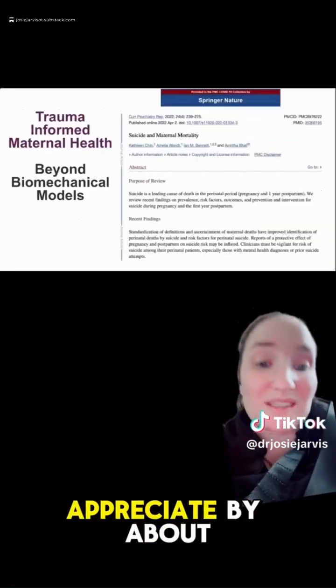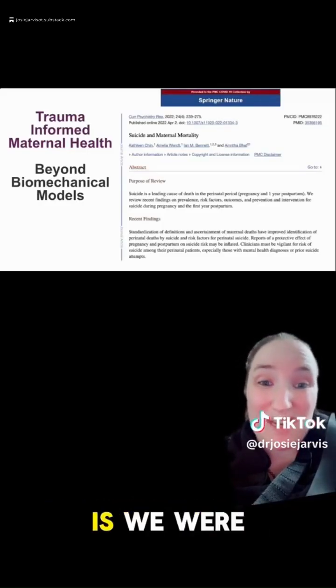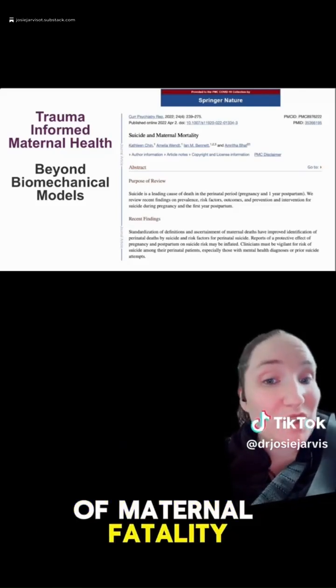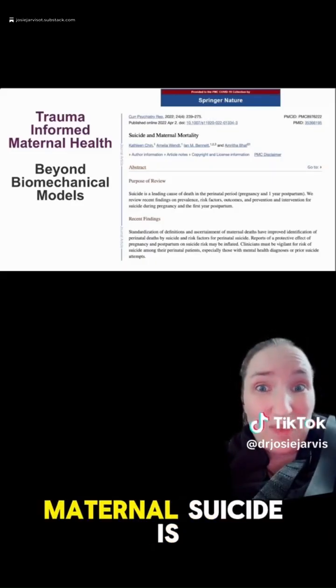One of the things I really appreciate about Dr. Rebecca Seagrave's research and insight is that we were also missing that the number one cause of maternal fatality is not of biomechanical origin, but maternal suicide.